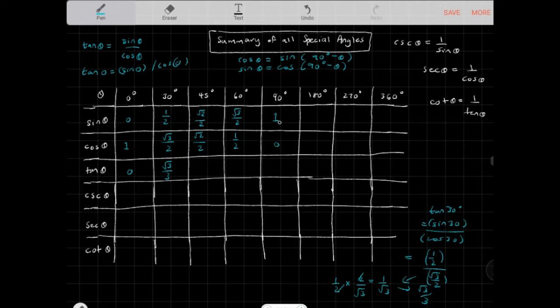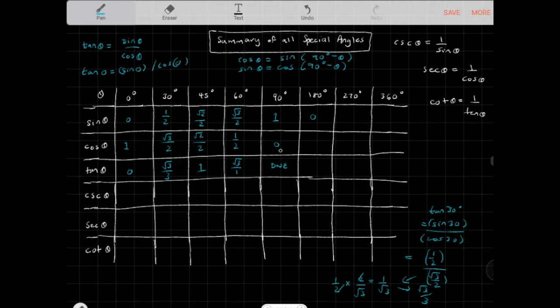And tan 90 as a result is 1 divided by 0, which doesn't exist. Okay, so whenever you have 0 on the denominator, it doesn't exist. Tan 45 was 1. Tan 60 was square root 3 over 1, right? Sine 180 from the unit circle we determined was 0.